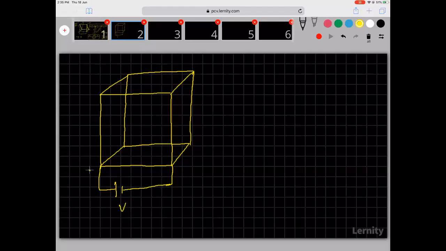In the first step, I am naming all the ends. So I have A, B, C, D, E, F, G, H. So this is going to be the circuit.